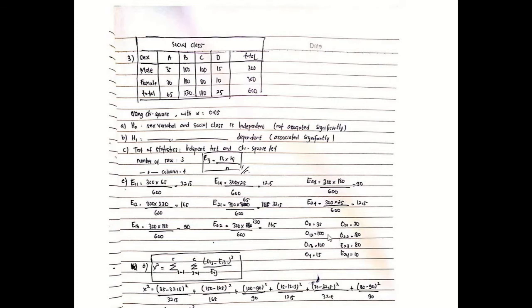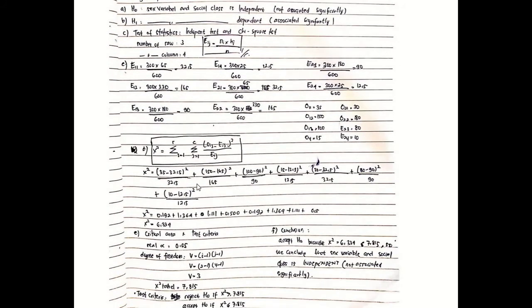After we get the result for each of the E values, we write the O values. O11 is 35, and from here we write down the data below. So 35, 150 is from here. And the next step is the x square formula. So x square is the sum over i equals 1 to R and the sum over j equals 1 to C of (O_ij minus E_ij) squared divided by E_ij.